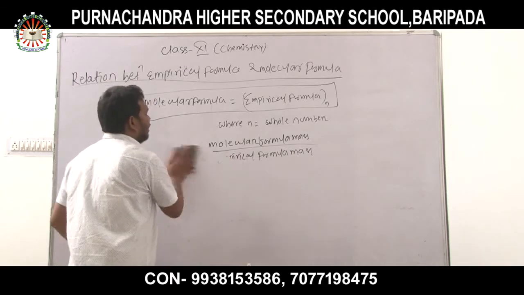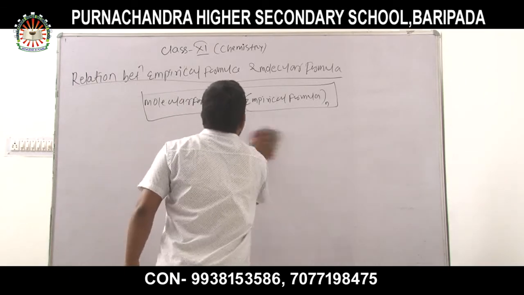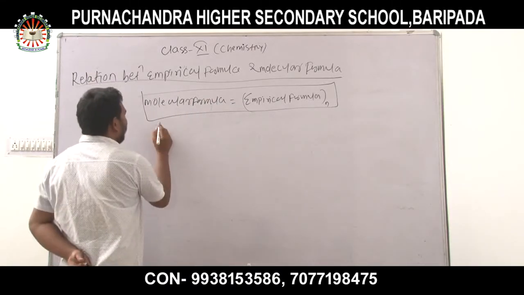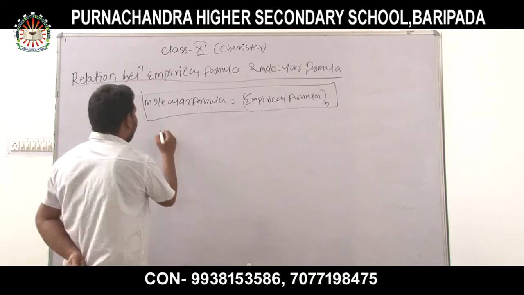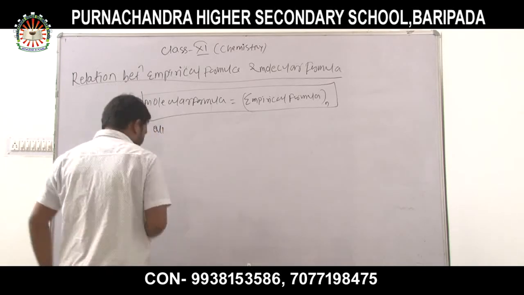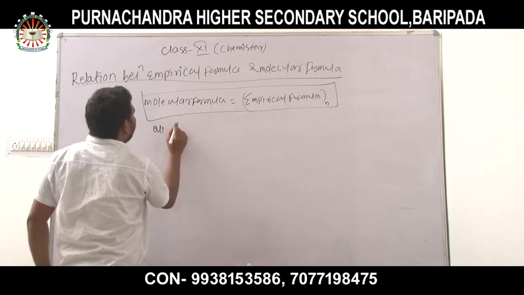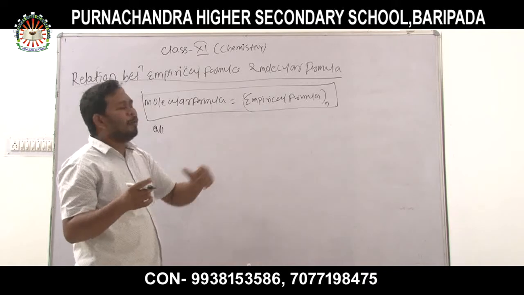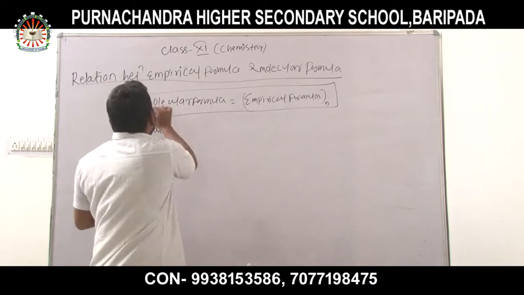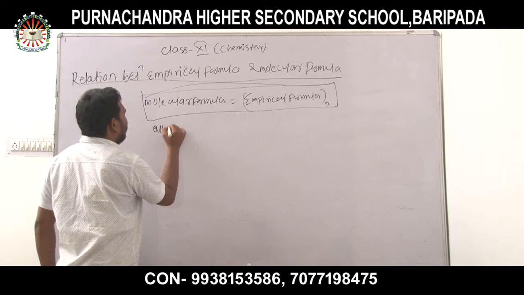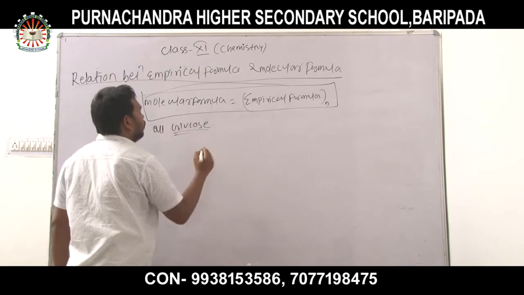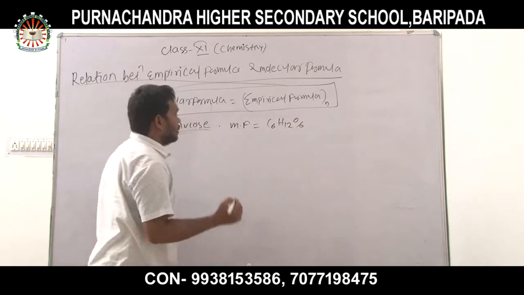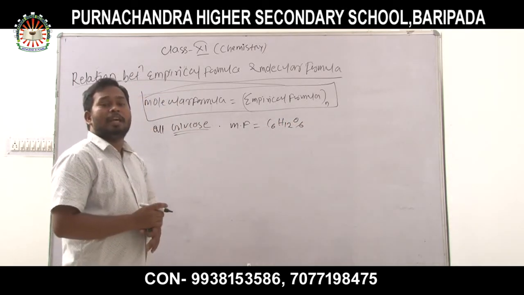For example, we take a simple example, to see what the empirical and molecular formulas are, how n can be calculated, and how the relation is satisfied. For example, glucose. Its molecular formula is C6H12O6.